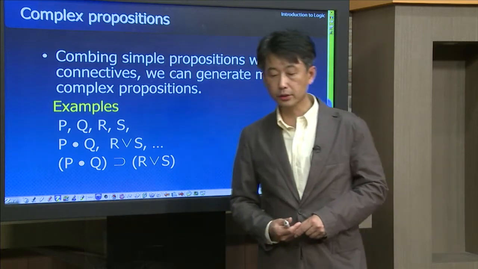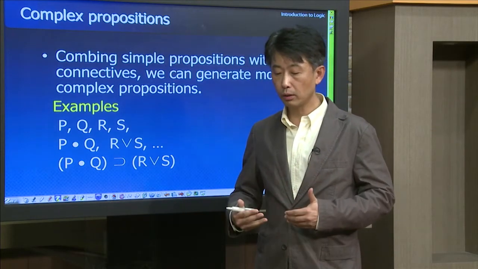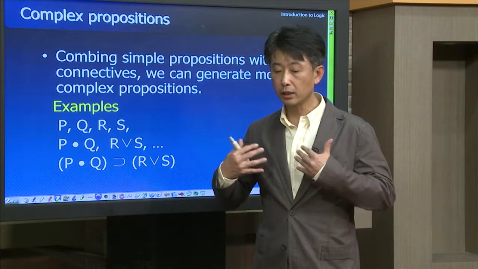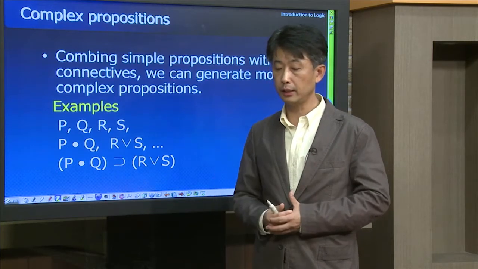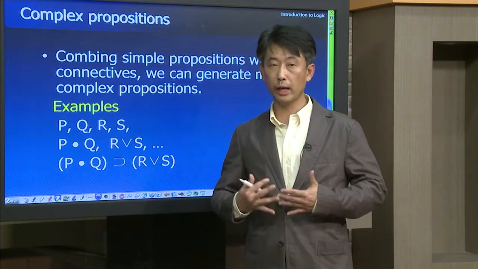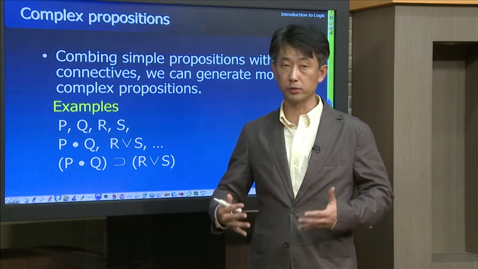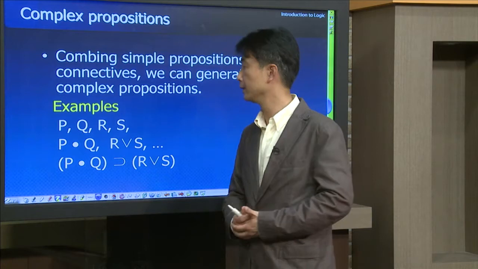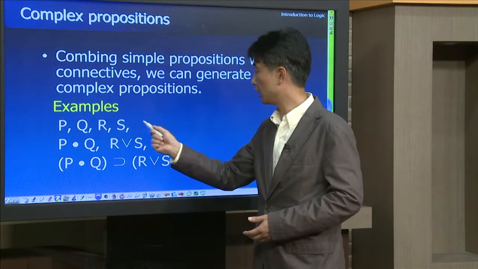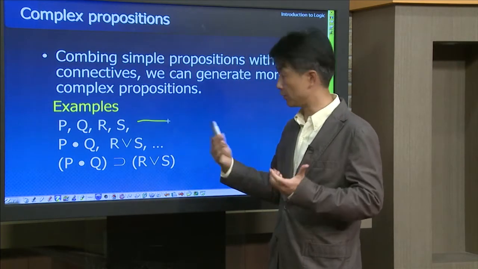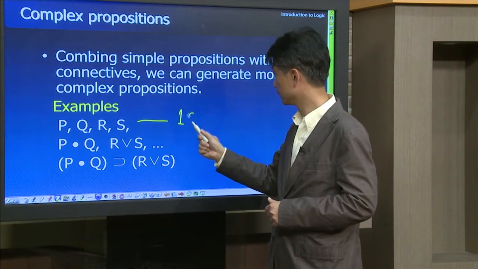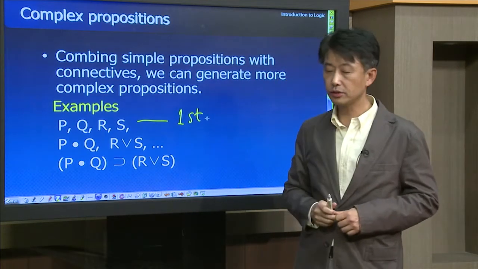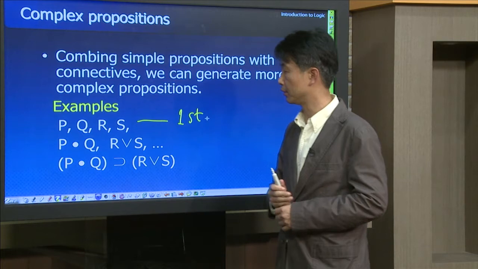So if you ask, what are the kind of things that we can grammatically express in this language? First of all, we have simple propositions. Okay? Socrates is bald and snow is white. So these are, let's say, the first level. Okay? These are the kind of things that we can say at the first level.